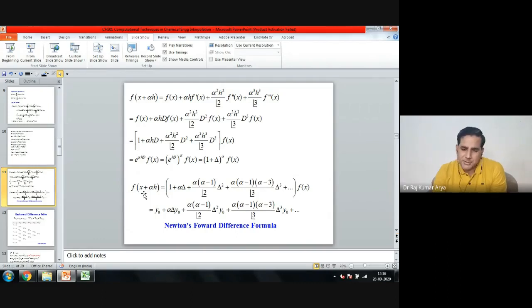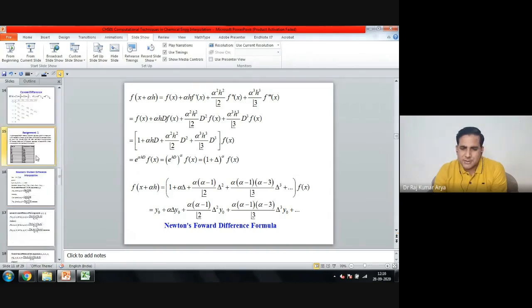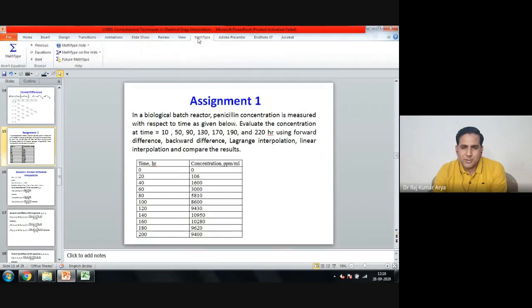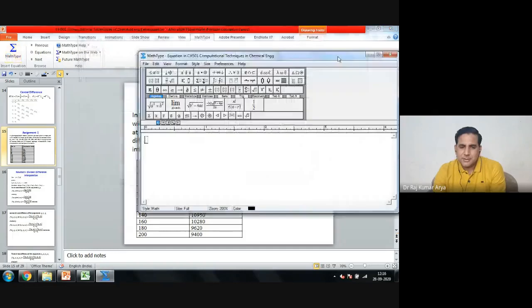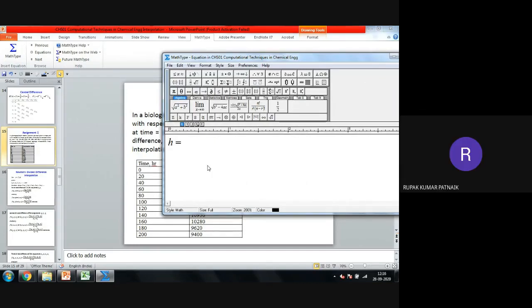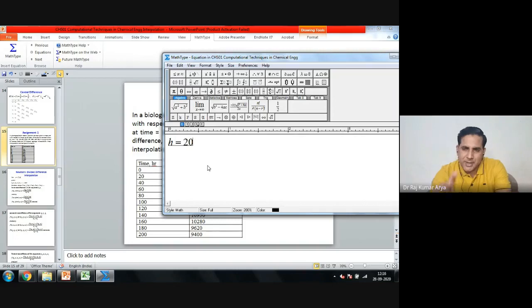What is given to you? The question is this. Let's say we want to calculate alpha corresponding to the first point. How much is h? H is 20, because that is the interval size.